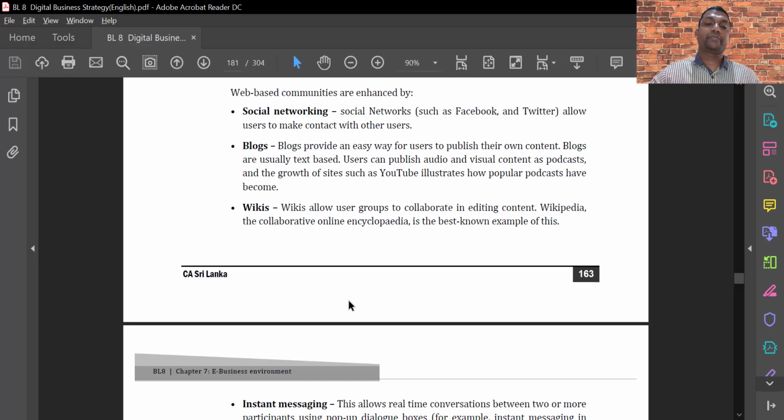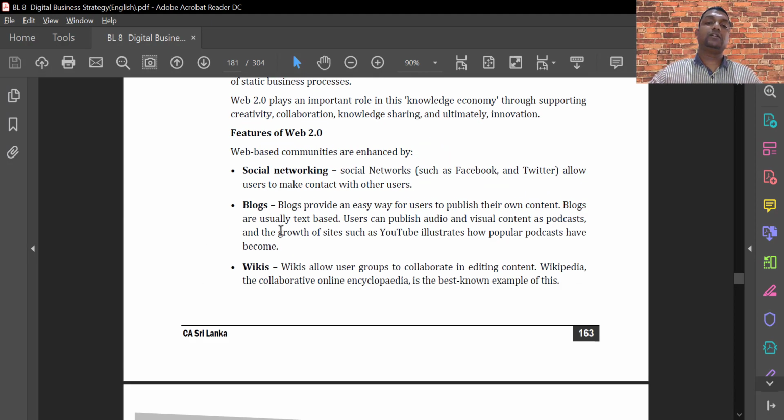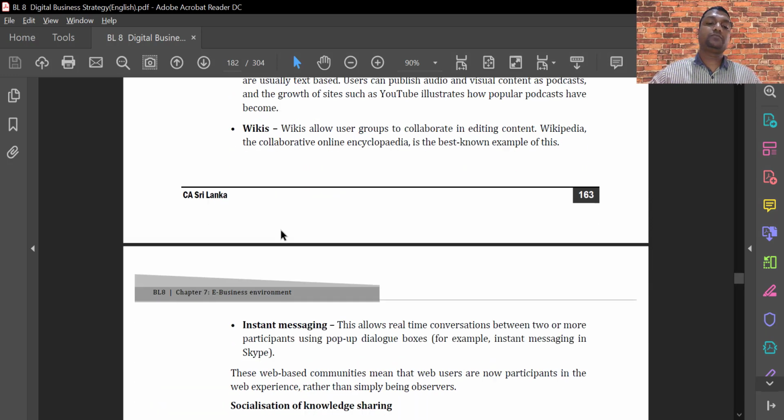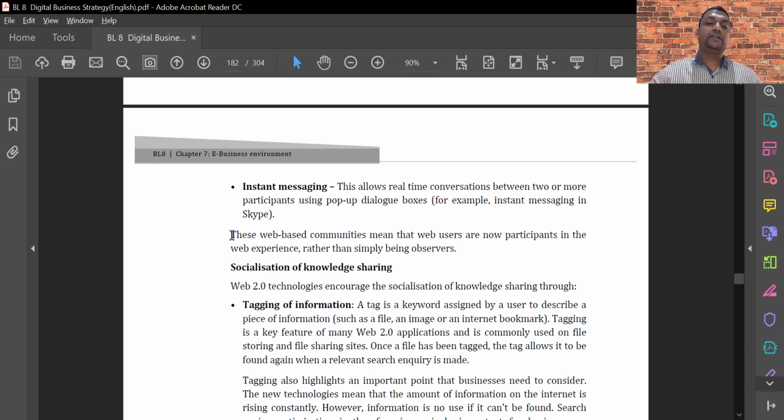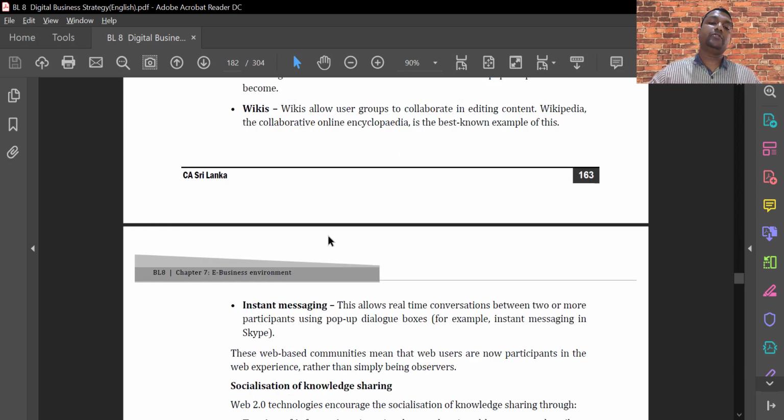So you can see the four enhancements given, right? The main idea is that in these communities, internet users can participate in the experience, compared to Web 1.0, where we are just observing, we can just look at it and come.